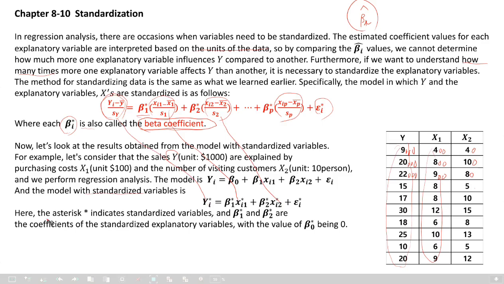The asterisk indicates the standardized variables, and beta 1 star and beta 2 star are the coefficients of the standardized explanatory variables, with the value of beta 0 star being 0. This is always 0, so I don't include beta 0 star here.